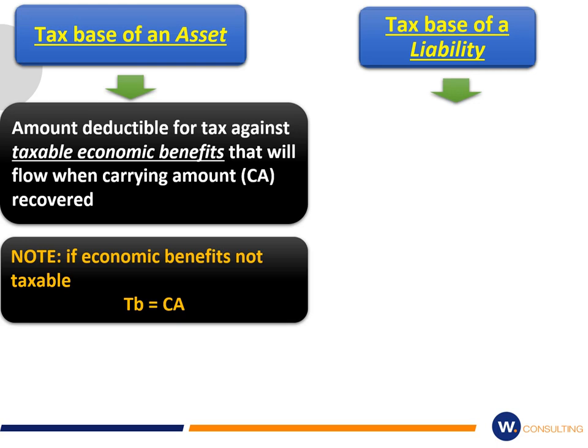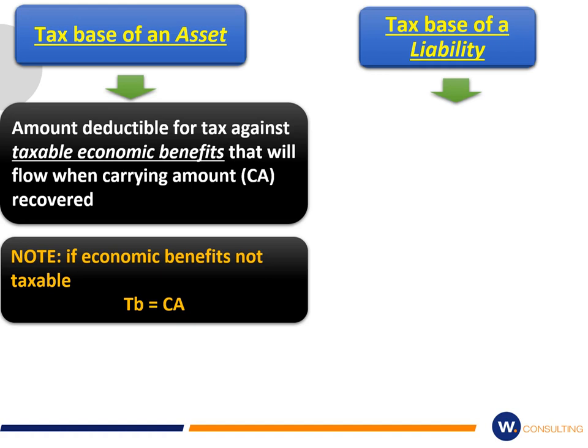Remember, I said that there are going to be a number of rules that are applicable here that we need to pay attention to. Generally, in the instance where an amount is deductible for tax against taxable economic benefits, there's two rules. Think of the definition: an amount deductible for tax against taxable economic benefits that will flow when the carrying amount is recovered.